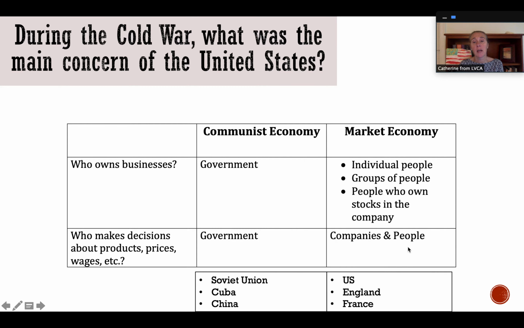In a market economy, companies and people make those decisions. Countries that have or had a communist economy include the Soviet Union, Cuba, China, and a few other countries in the world. Examples of countries with market economies are the United States, England or Great Britain, France, etc.